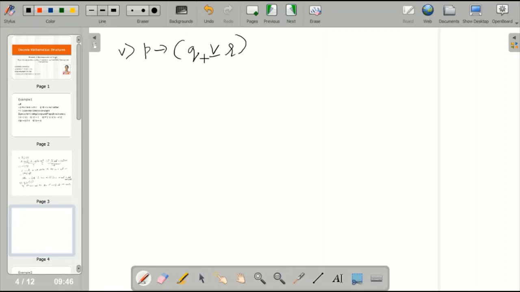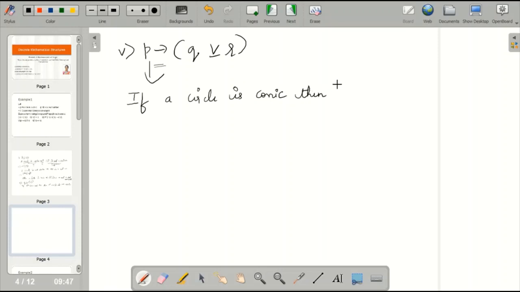So you should write in terms of if-then, and within that in terms of exclusive or. What is conditional? If P. If P is nothing but if a circle is conic, then this section.